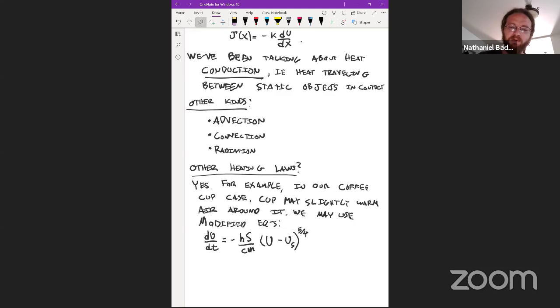So this is a typical static air correction. Okay. And you can go through and solve this and compare what you get. But mostly this is just to be aware that there are other heating laws that you'll run into.